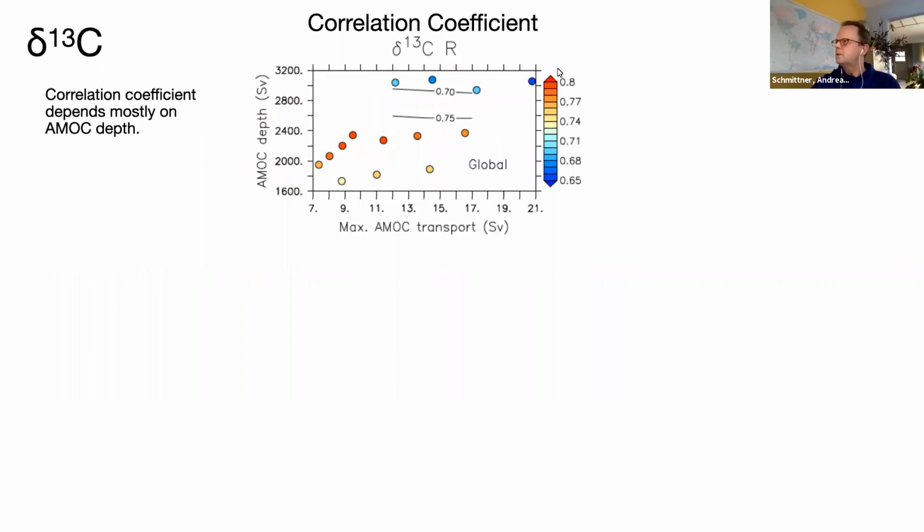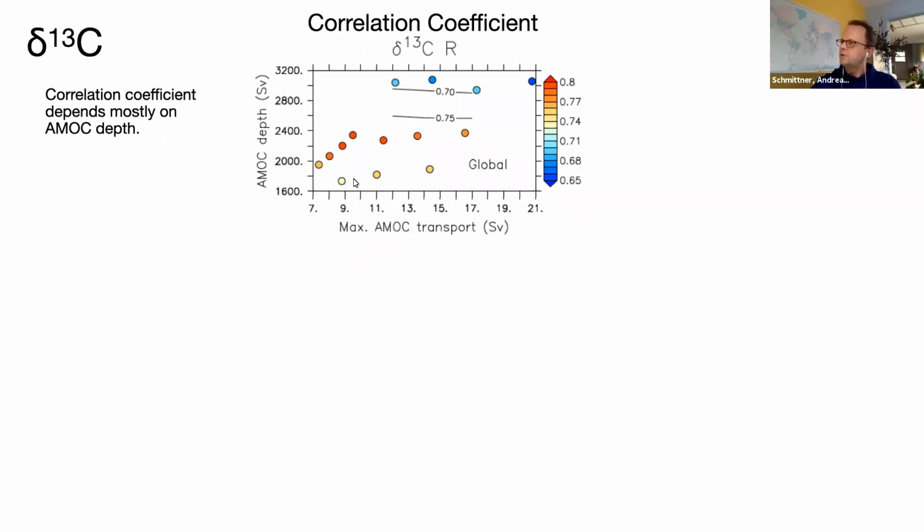So for correlation coefficient, the better models have the higher correlation coefficients. So the orange here would indicate better models that agree better with the data than blue symbols. And what you can see is that the dark orange numbers are in between here, so for intermediate AMOC depths of between about 2 kilometers and 2.5 kilometers.